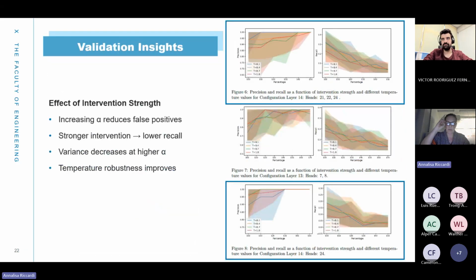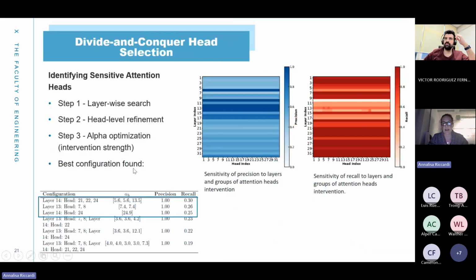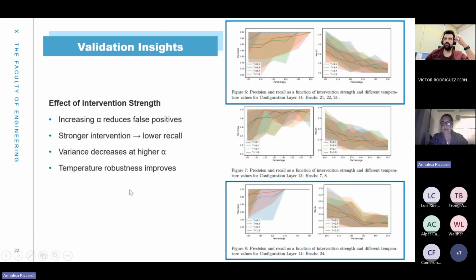Another study that we've done is understanding how the parameters of the large language model, particularly the temperature, affect the strength of the intervention. So we have the top 3 configurations. We apply intervention on layer 14 and 3 heads, layer 13 and 2 heads, and layer 14 and 1 head, which are the ones deriving from these studies of identifying the most influential layers and heads.